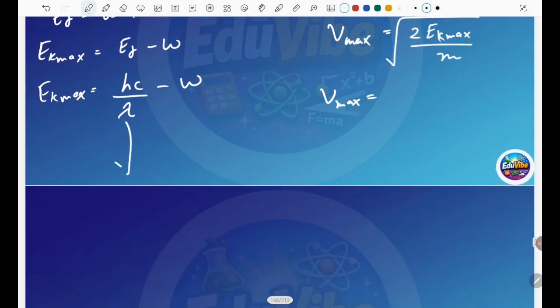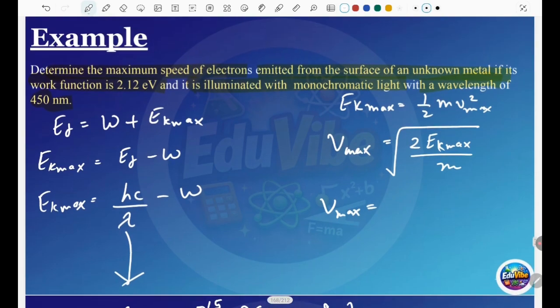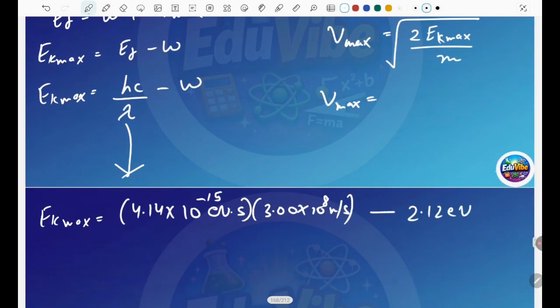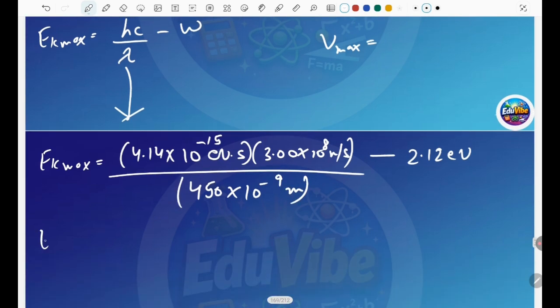So EK max is equal to h, which is 4.14 because we have W in eV, times 3.0 into 10 raised to power 8 meters per second, divided by the wavelength, 450 nano, which is 10 raised to power minus 9 meters, minus 2.12 eV.